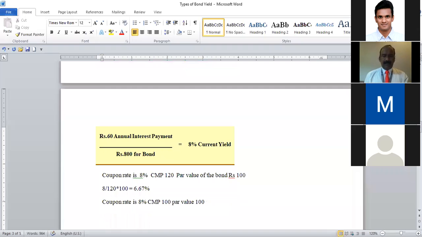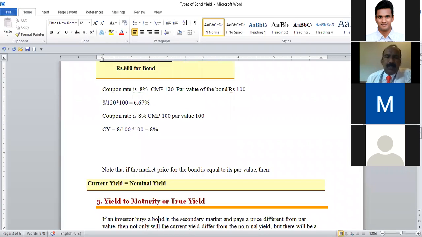So what is the current yield? 8 divided by 100 into 100 is equal to 8%. So the current market price and the par value are the same, and current yield and nominal yield are the same. So note that if the current market price of the bond is equal to its par value, then current yield is equal to nominal yield.